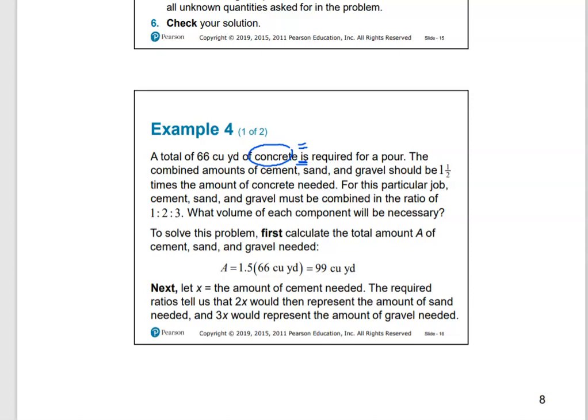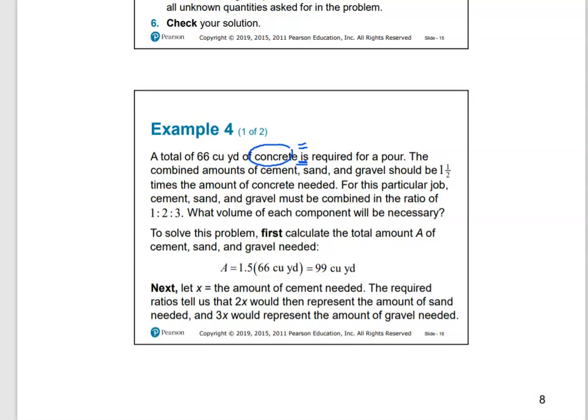The combined amounts of cement, sand, and gravel should be 1.5 times the amount of concrete needed. For this particular job, cement, sand, and gravel must be combined in the ratio of 1 to 2 to 3. What volume of each component will be necessary?